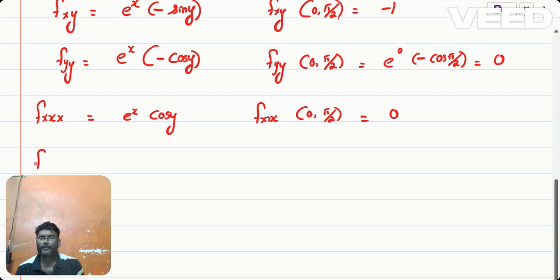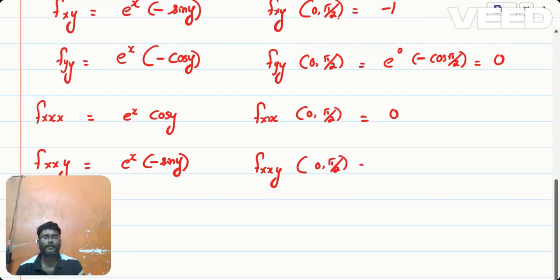Next, f x x y will be e power x minus sin y, so f x x y of 0 comma pi by 2 will be minus 1.